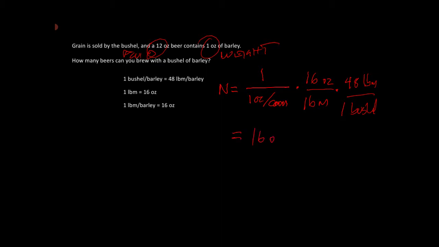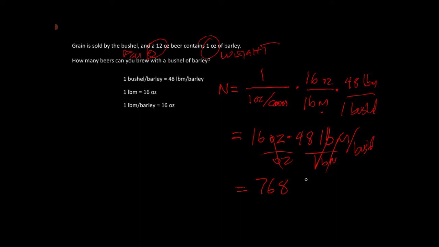So that's 16 ounces per pound and 48 pounds per bushel. So we cancel out these, and we just have 768 beers per bushel.